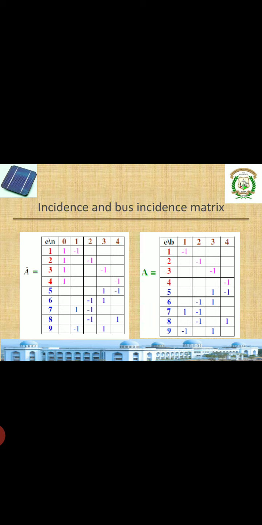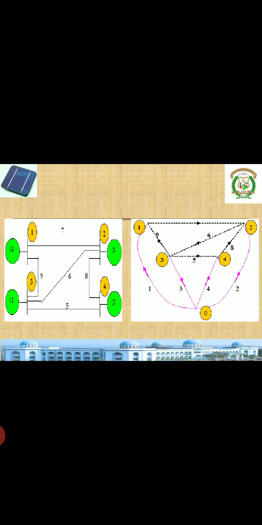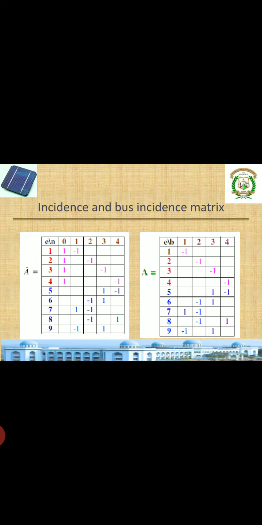Okay, so this is the incidence and bus incidence matrix of the given network. You can see the first element is connected from 0 to 1. Element 1 is from 1 to -1. For matrix A cap the order is 9 cross 5, and for the reduced incidence matrix the order is 9 cross 4.